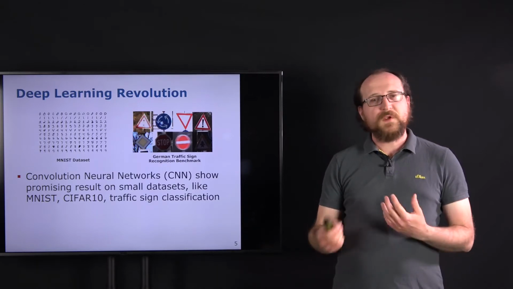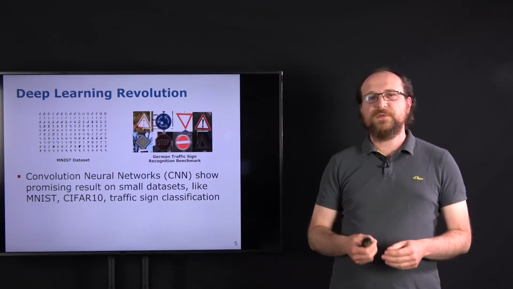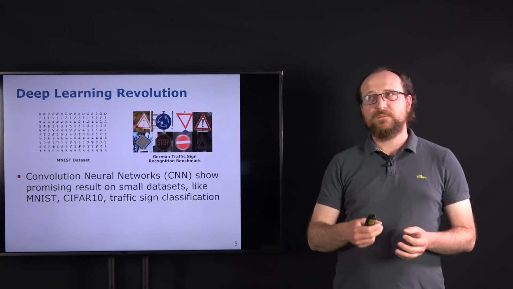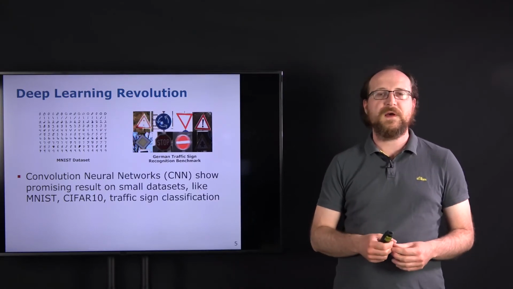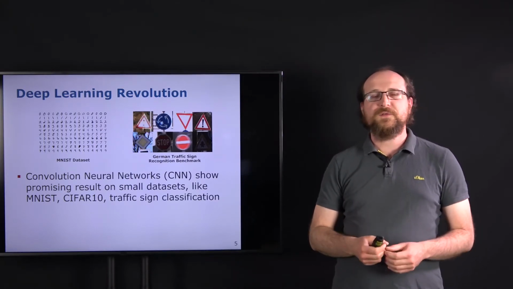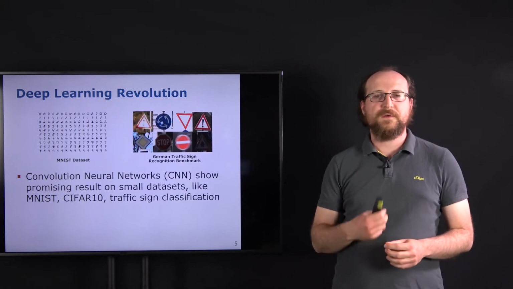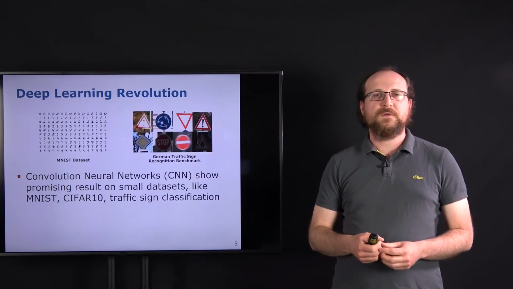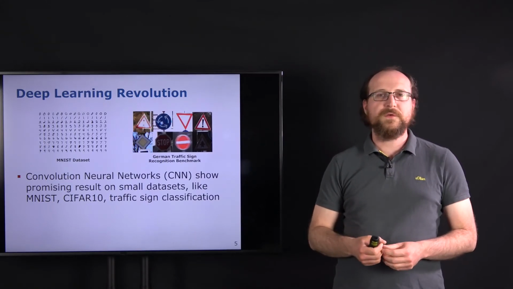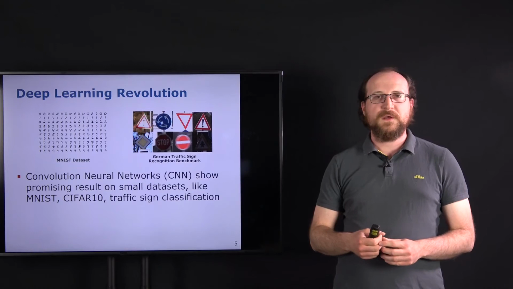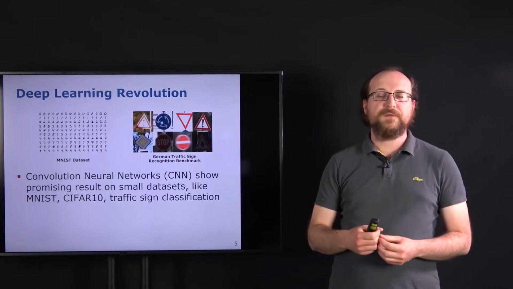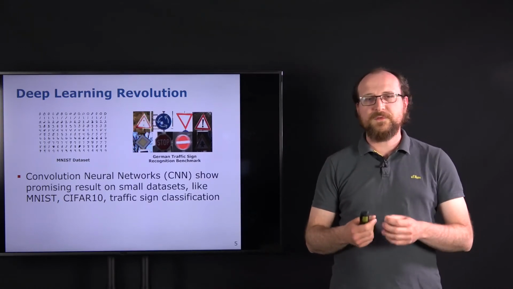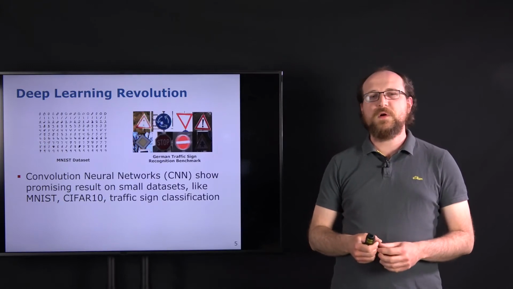Convolutional neural networks had shown promising results already on smaller datasets or very specific tasks like digit classification from handwritten digits, like on the MNIST dataset, but also on traffic sign classification. So earlier convolutional neural networks had already proved that they can get very good results on these tasks. But as you see, these images are very small and the task very specific.